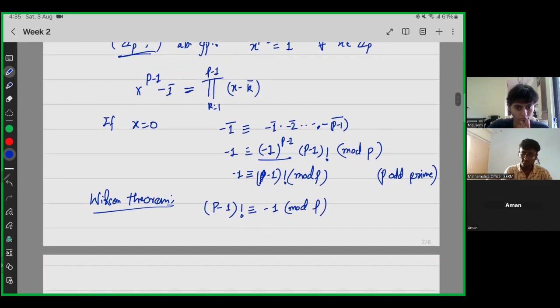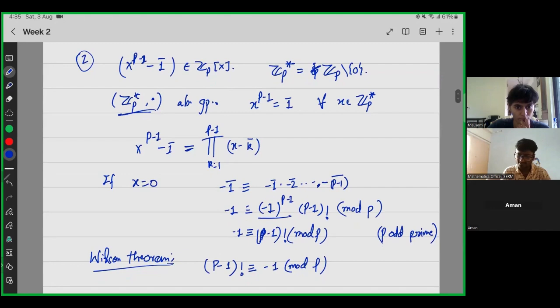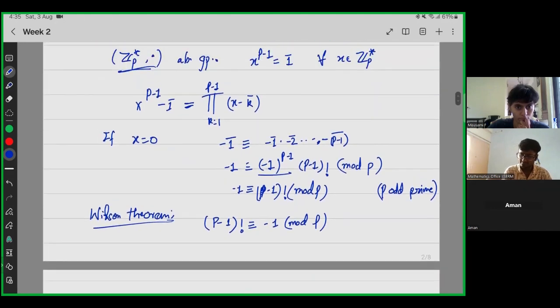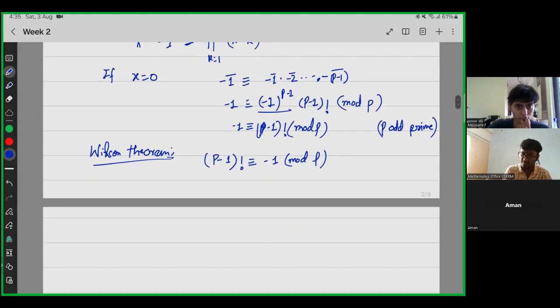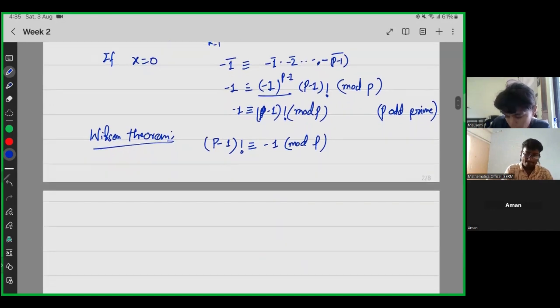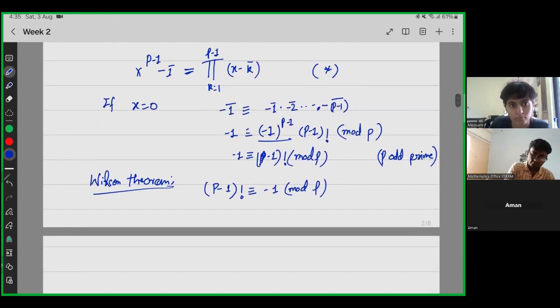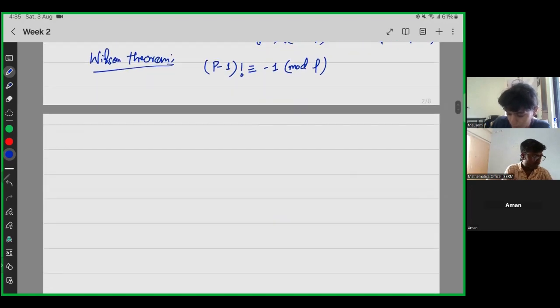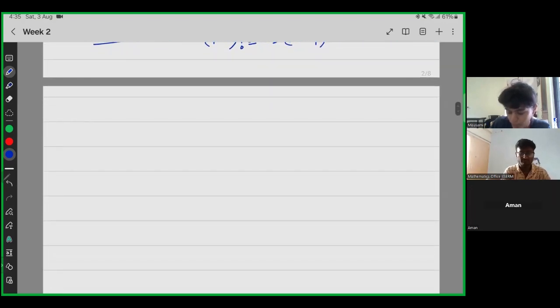Okay, so this was an easy statement which comes out of this factorization. So the next thing was about polynomial functions.